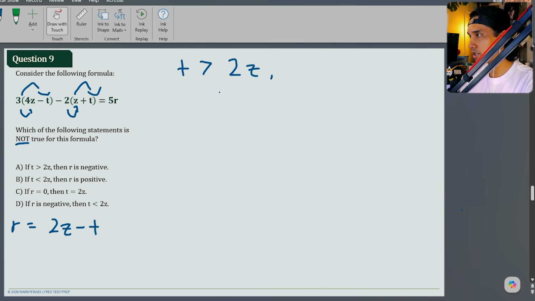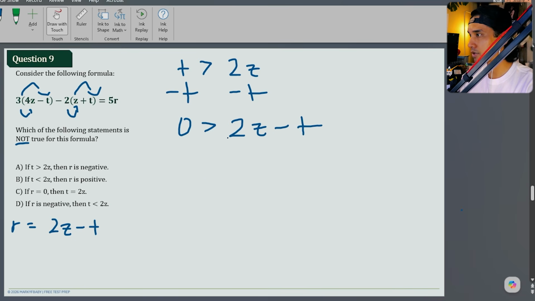So I am going to solve this inequality to put 0 on the other side. Let me just demonstrate. I'm going to minus t on both sides, and I get 0 greater than 2z minus t, okay?